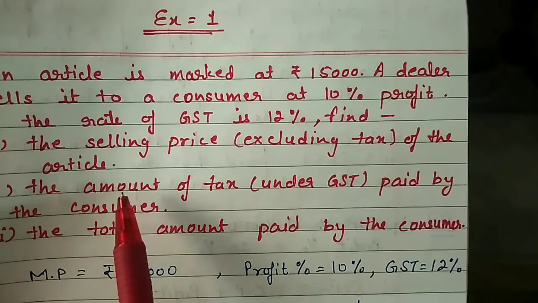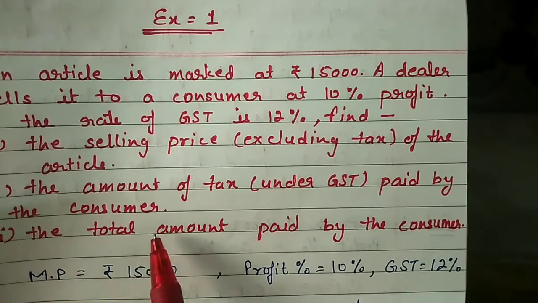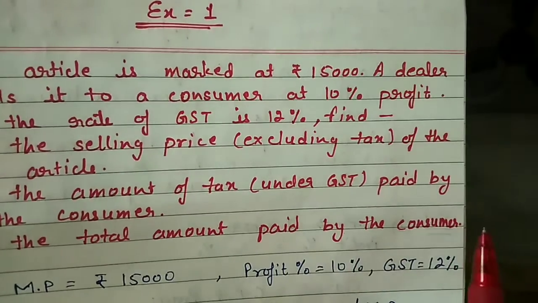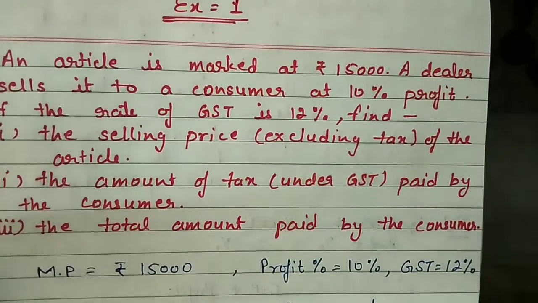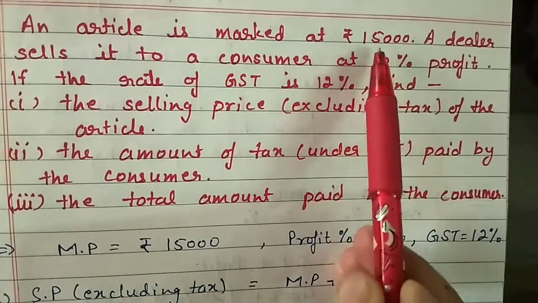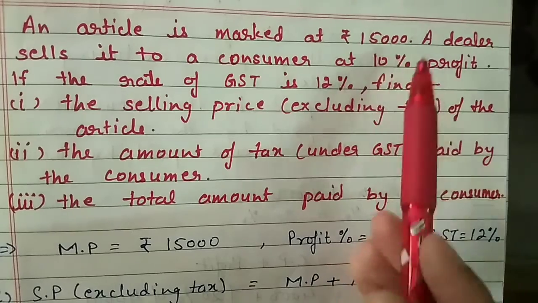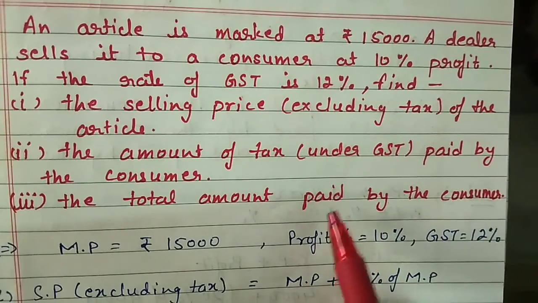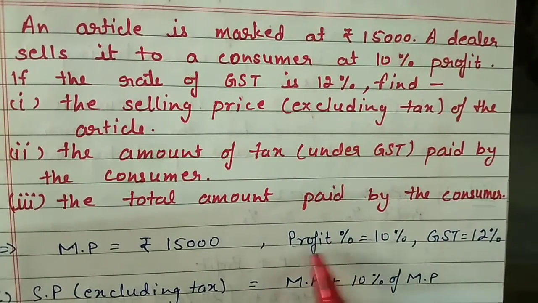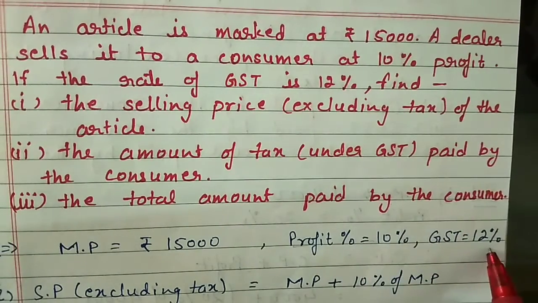Second, the amount of tax under GST paid by the consumer, and the total amount paid by the consumer. First of all, read your question carefully and write what is given in the question. So in this question, first MRP is given, 15,000. Second thing given, the dealer is selling that item at 10% profit. And third thing given is GST 12%.